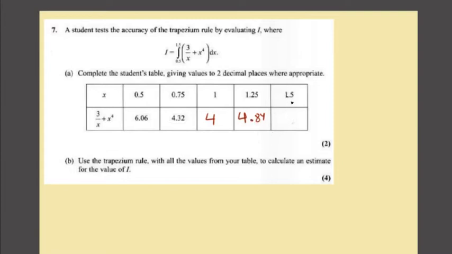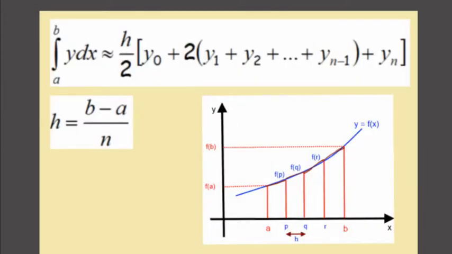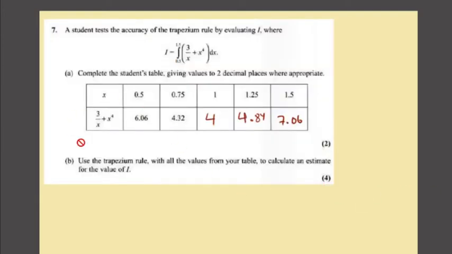And if you put 1.5 into your function, you will get 7.06. Okay? Very easy, very simple. Shouldn't take you too long. Now, this is the bit where you have to use the extremely long trapezium rule. So I'm going to do it on a new page, so you won't be able to see the chart, but we'll go back to it when we do the rule.